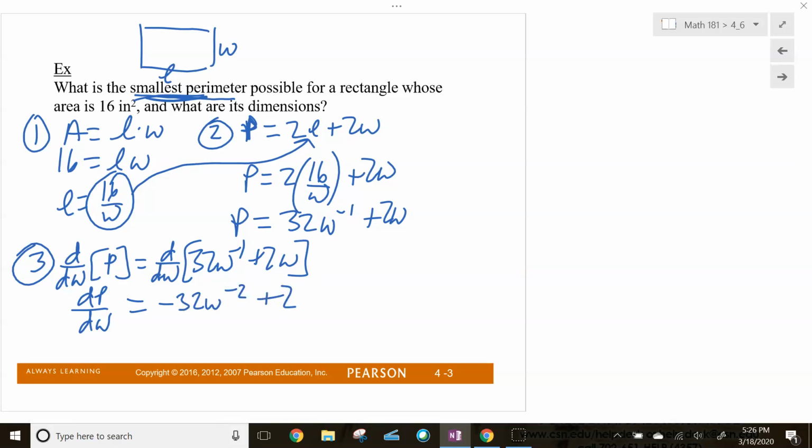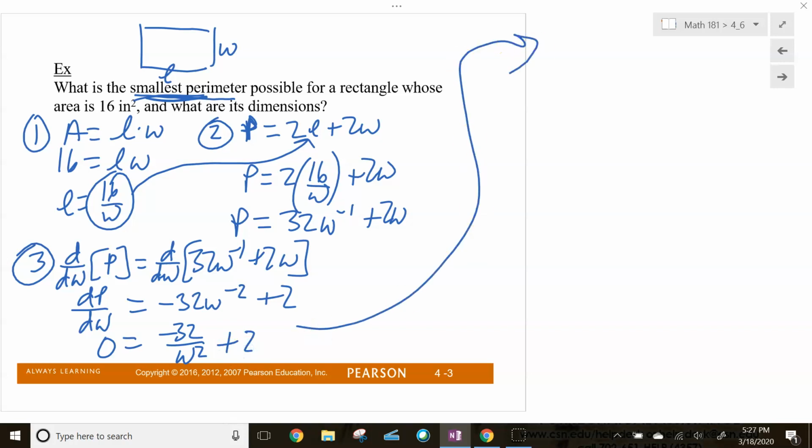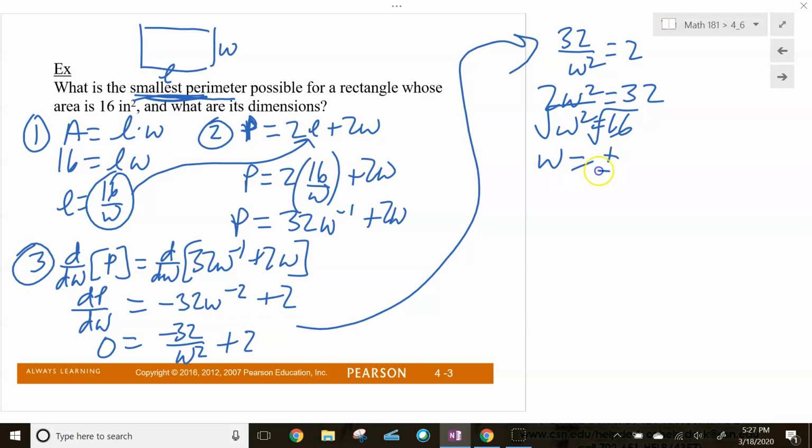Now we're going to set this equal to 0. So 0 equals negative 32 over W squared plus 2. So we've got 32 over W squared equals 2. 2W squared equals 32. W squared equals 16. So our width is either plus or minus 4.